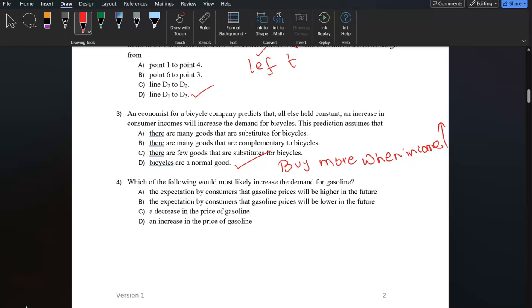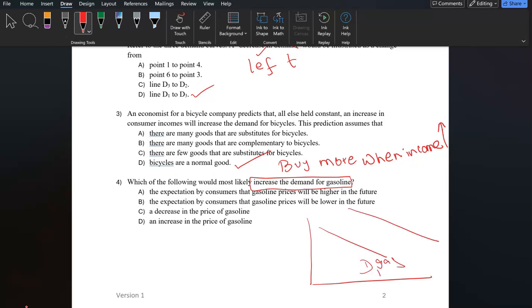Question number 4. Which of the following will most likely increase the demand for gas? That means the demand curve for gas, if this was the initial demand curve, is going to shift to the right.